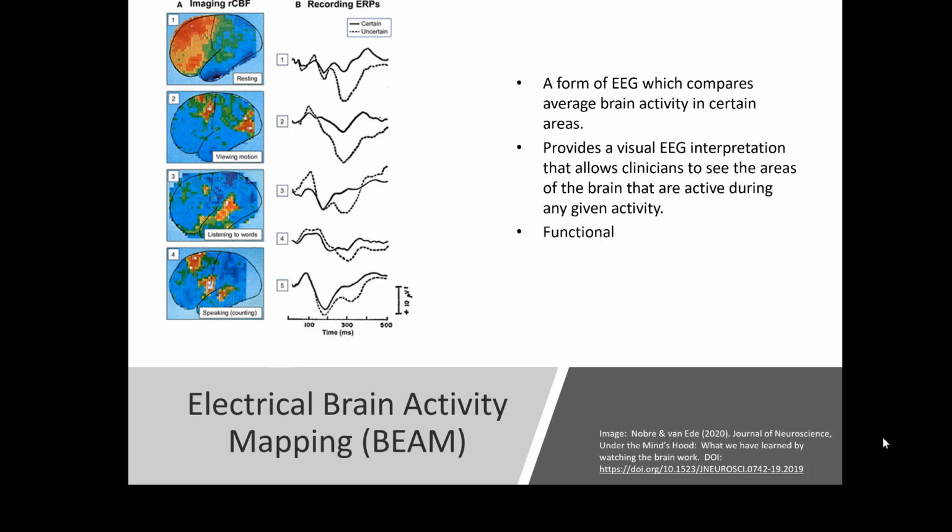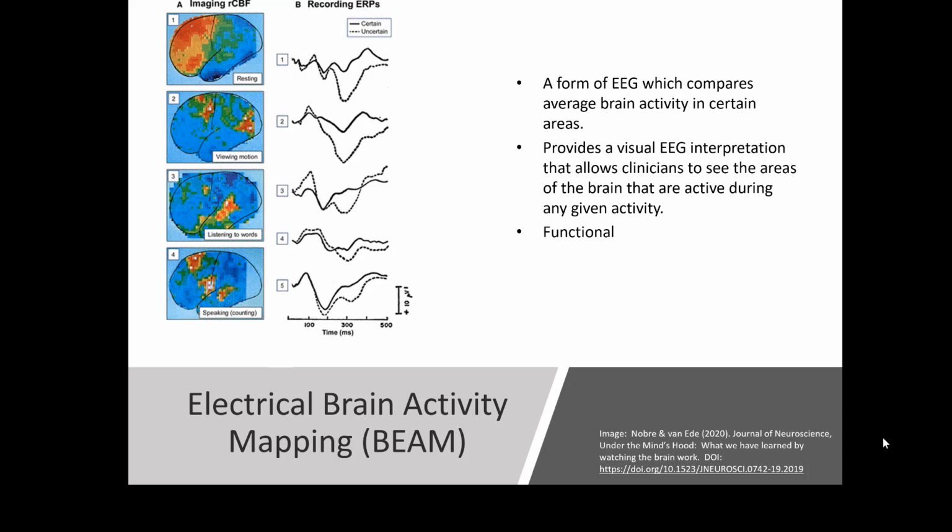In the illustration on this slide, you can see the EEG brain electrical waves on the right and the corresponding visuals of the brain activity on the left. You can see from the images on the left that areas of brighter colors are active during the activity listed on each slide, indicating that they have a role in that specific function.